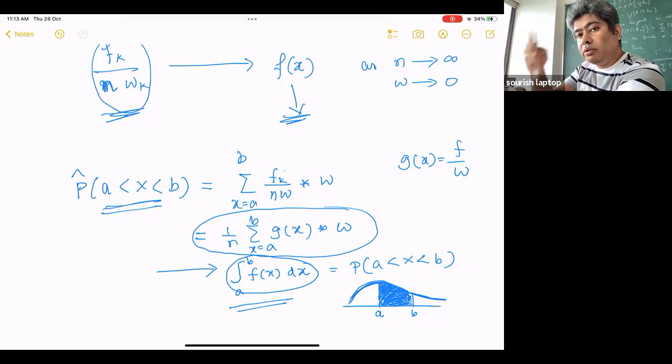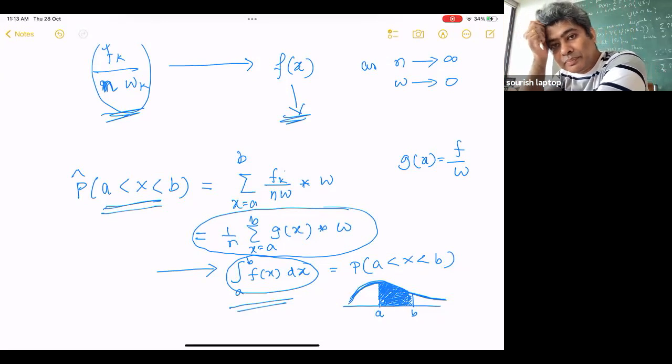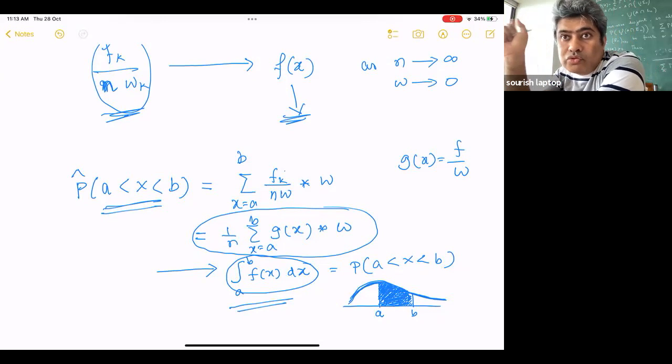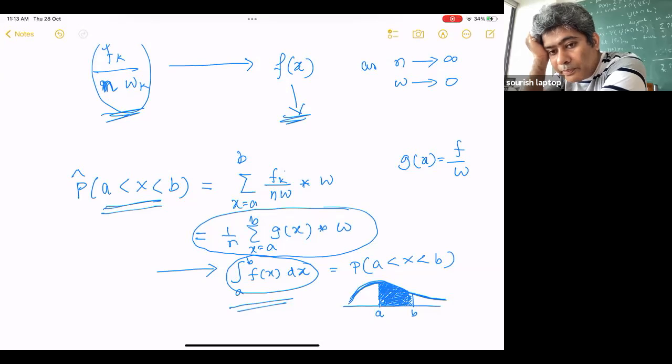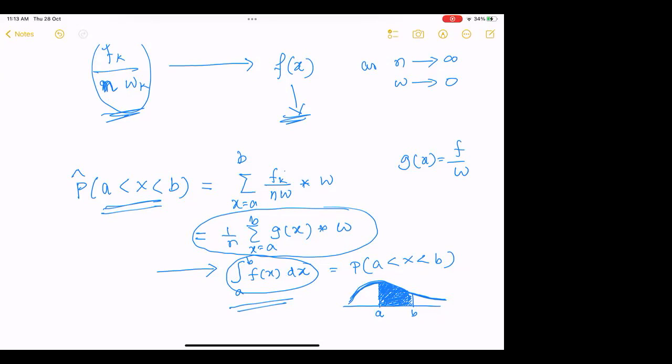Both are part of your real analysis or calculus, but they are two different techniques. Yes, sir, got it.